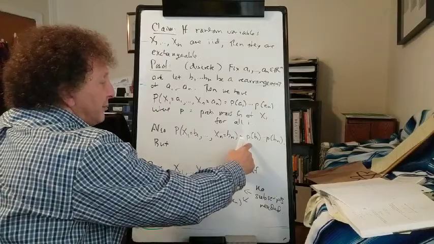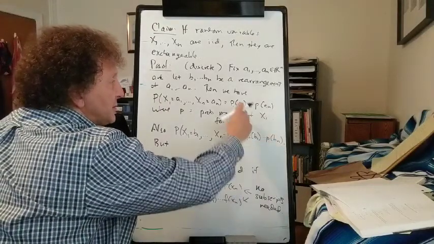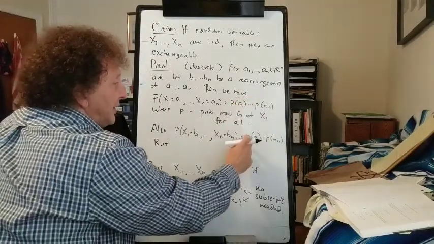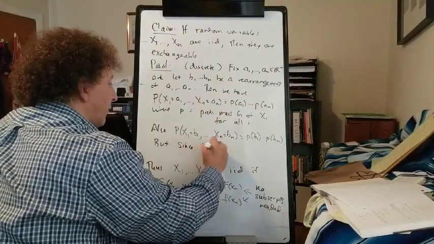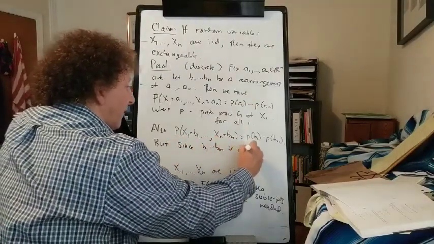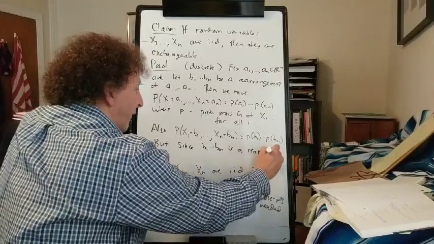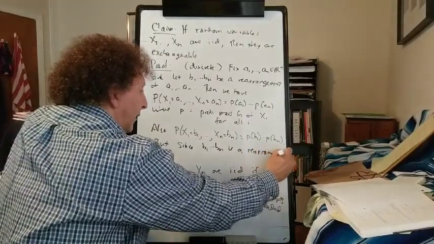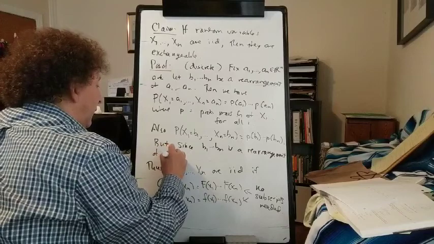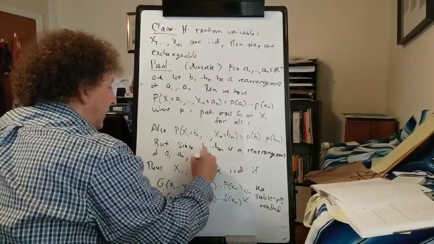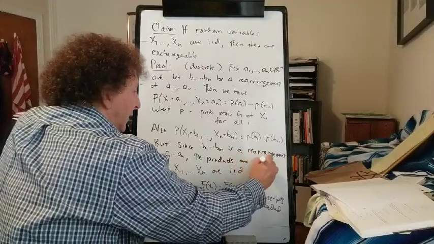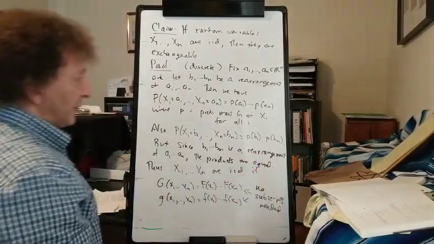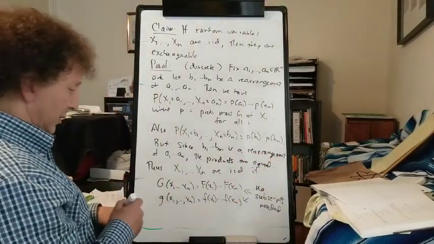But since b1 through bn is just a rearrangement of the numbers a1 through an, these products are equal. Because when we take real numbers and multiply them, we can multiply them in any order and get the same product.